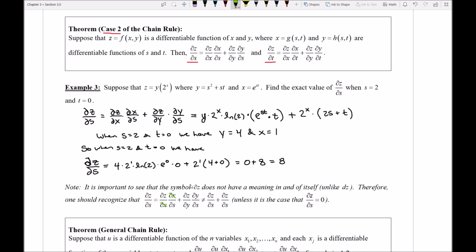I can't say that. I can't say that the partial of y's are going to cancel. And it would actually be pretty easy to see why that's the case here. Because notice that would imply that my partial of z with respect to x would end up being equal to a partial of z plus another partial of z. That is, one of those partials is equal to 2 of those partials. And that could not be true in general. It would only be true in the case where that partial is equal to 0.